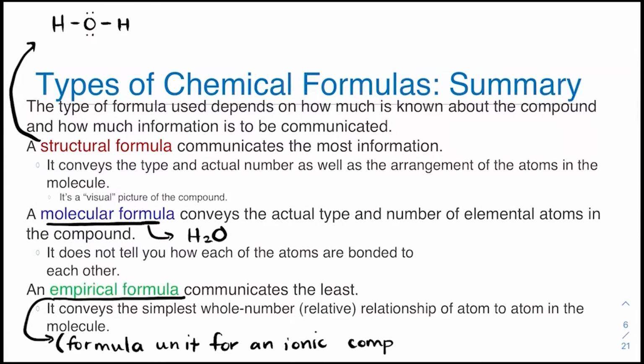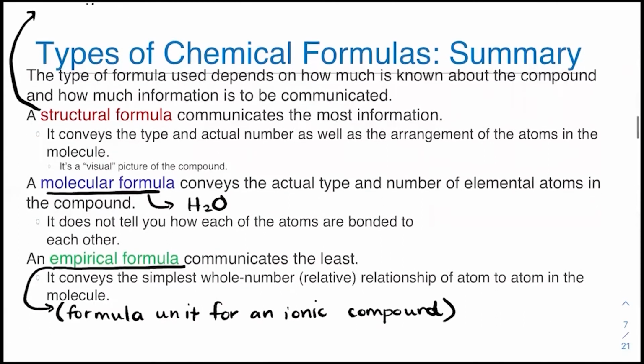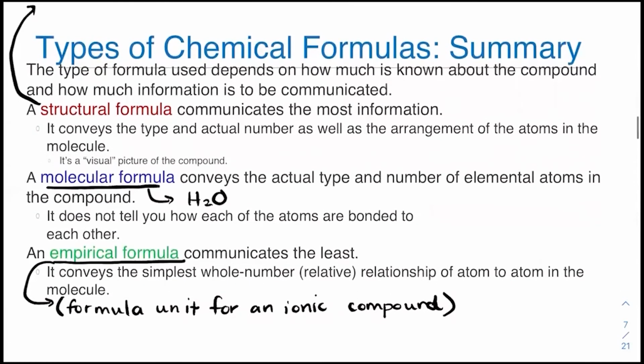Where we see a big difference with molecular formulas and empirical formulas is with covalent compounds. Specifically, if I thought about H2O, the molecular formula H2O has 2 hydrogens and 1 oxygen. That's the same thing for its empirical formula.